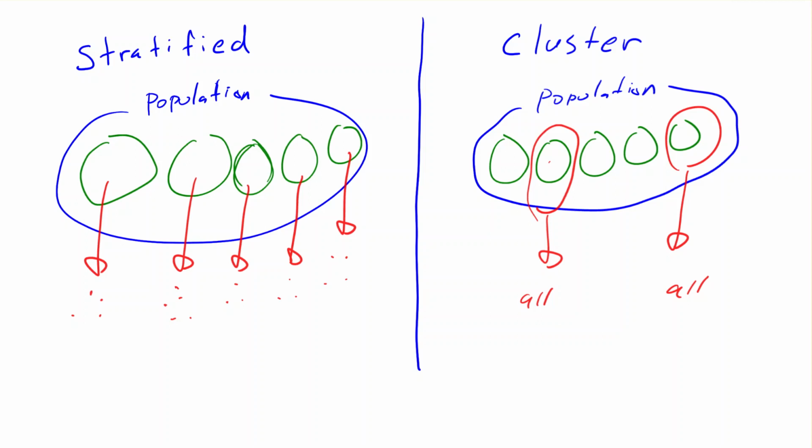Another example of cluster sampling: there are 50 states in the United States. We can randomly select 17 states, and all the people in the 17 states are selected for the sample. We only randomly select groups, and all the individuals in that group are selected for sampling.